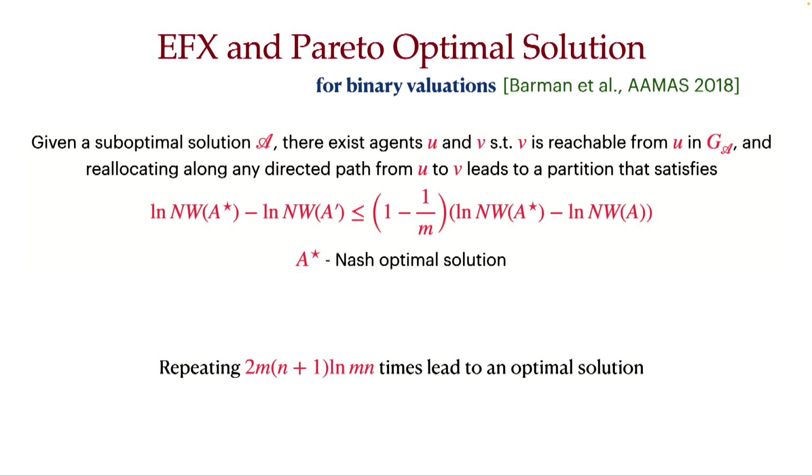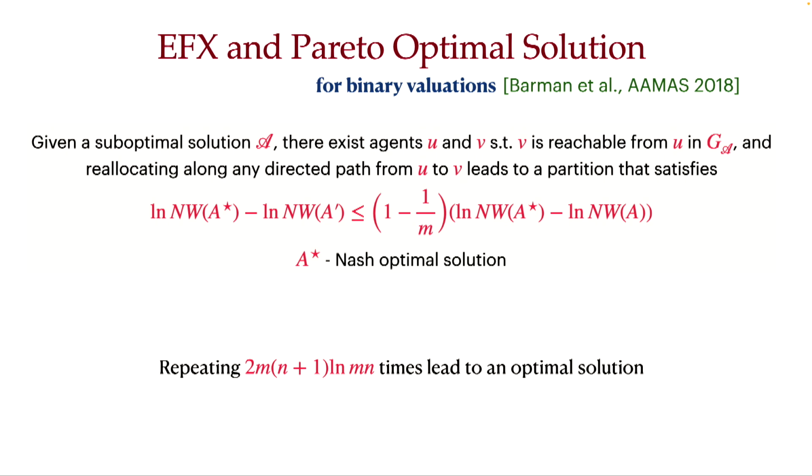We will start with some EFX allocation, or any allocation. Remember one result we said about EFX, PO, Nash, two values, additive: every MNW solution is EFX and PO for additive valuation and two-value instances, right?